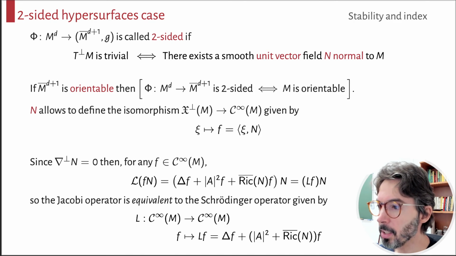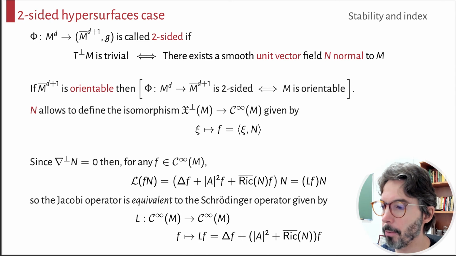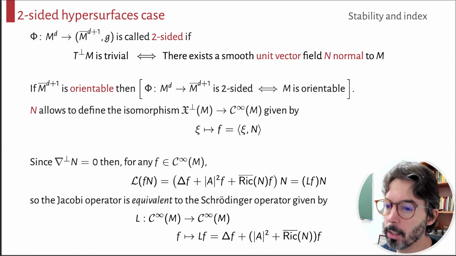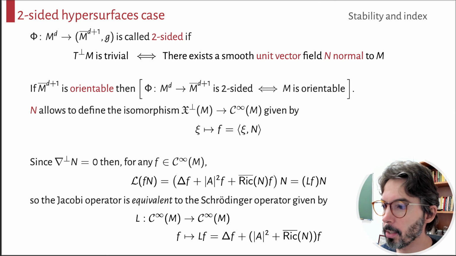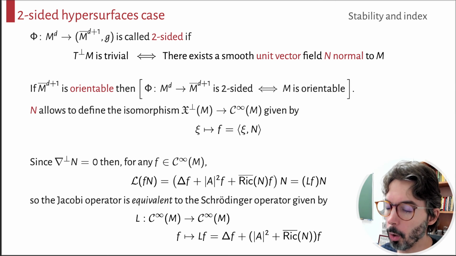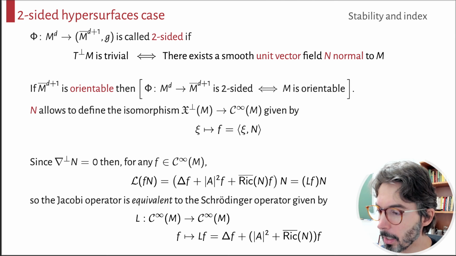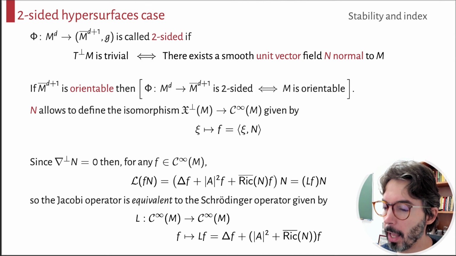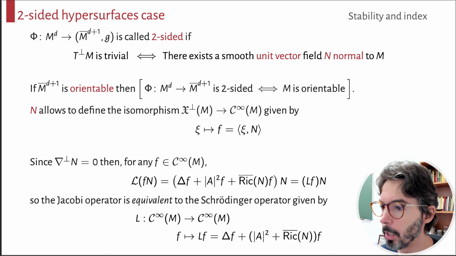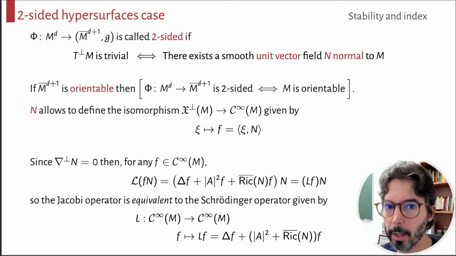Moreover, since we are in codimension 1 and the normal derivative of N is 0, then for any function f over the manifold, the Jacobi operator over the section fN is actually a Schrödinger operator over the function f times the normal section. This Schrödinger operator, which is called L, distinguished from calligraphic L that we use for the Jacobi operator, is actually equivalent to the Jacobi operator of the immersion.